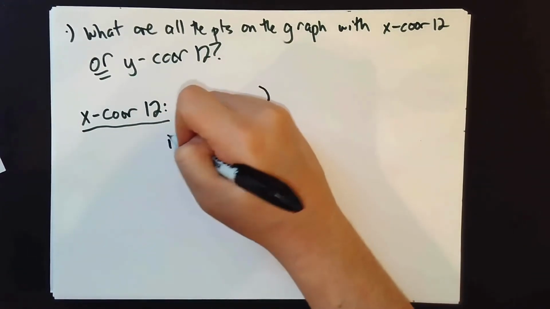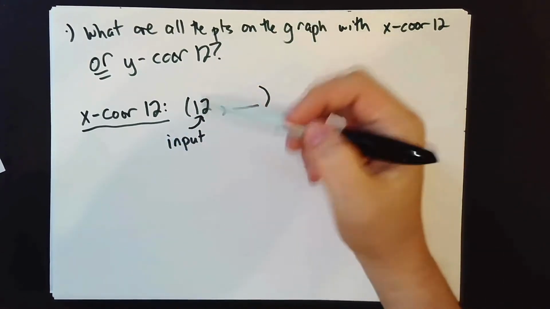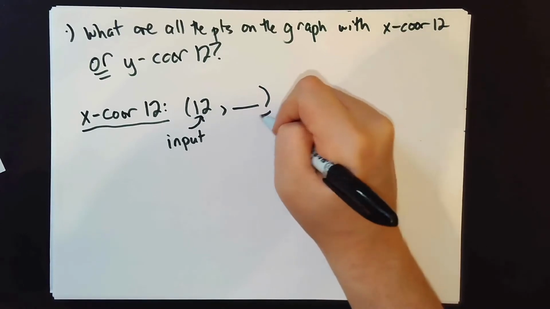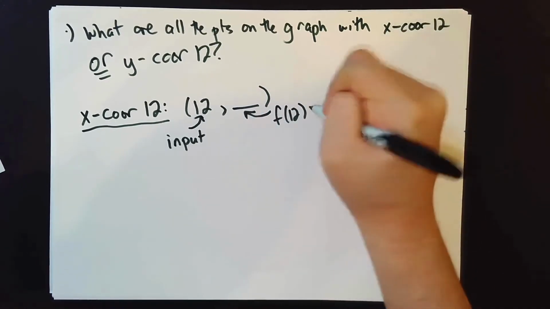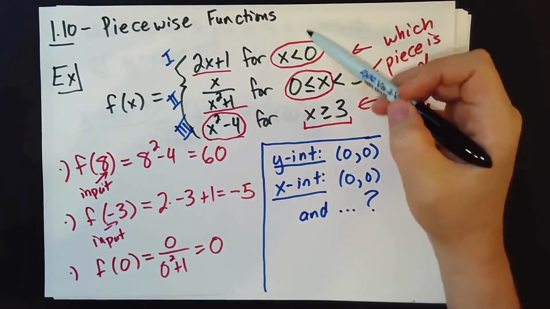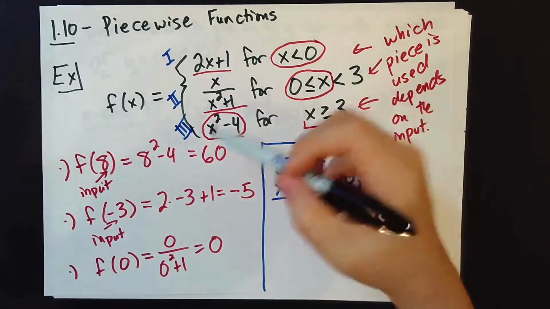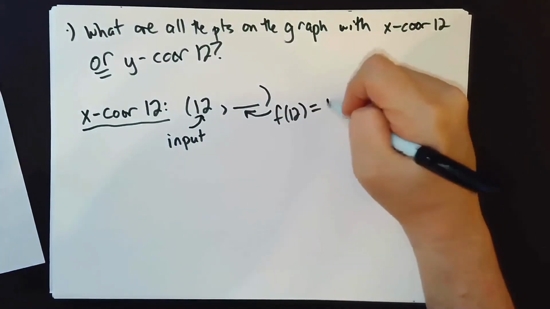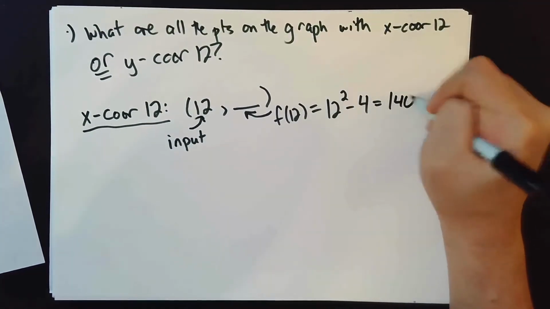And so in particular, when I'm looking for points where the x-coordinate is 12, I'm looking for the input to be 12. And so the matching output to go with that input is f of 12, which I can pull back my handy-dandy thing. 12 would live in the third line, and so I'm going to get 12 squared minus 4, which is 140.